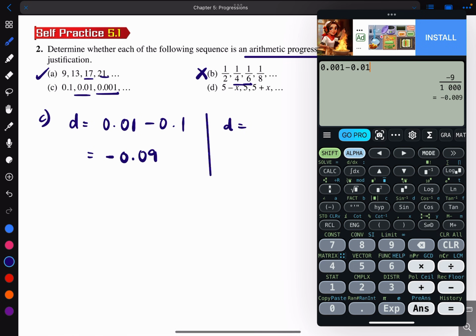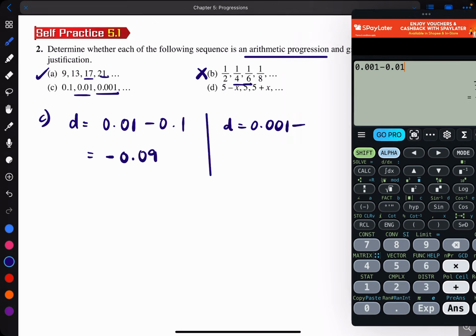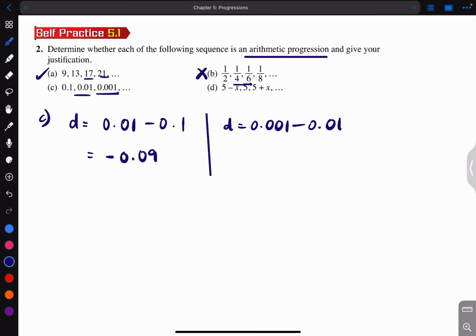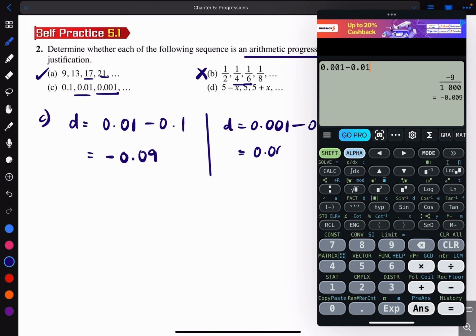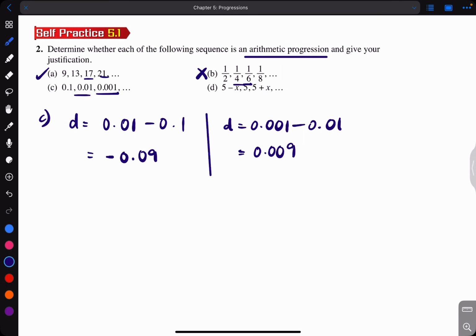We get negative 0.009. So this is also not an arithmetic progression because here it is 0.09, 0.009. So we can say not an arithmetic progression.